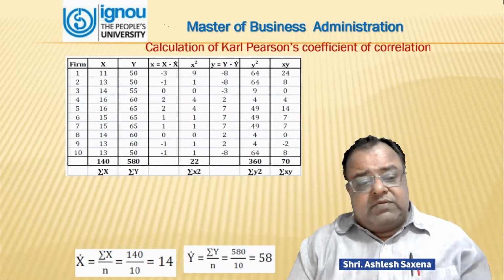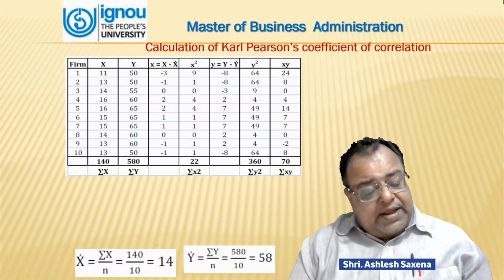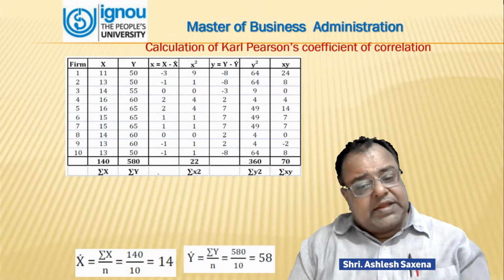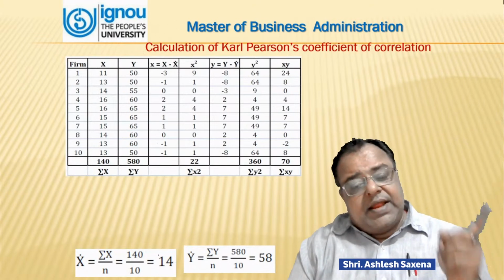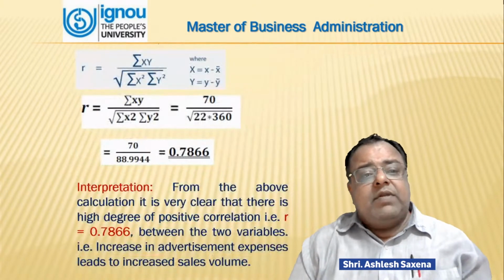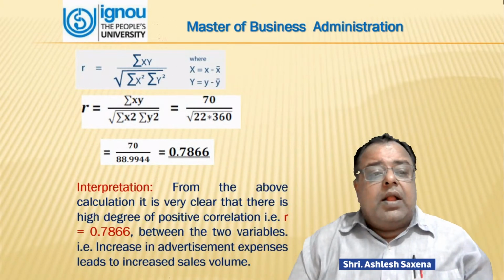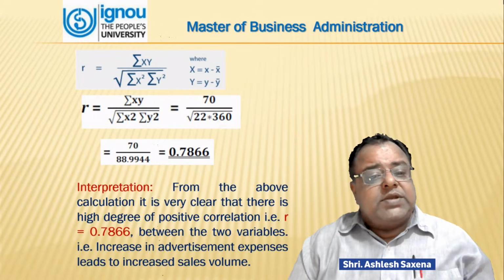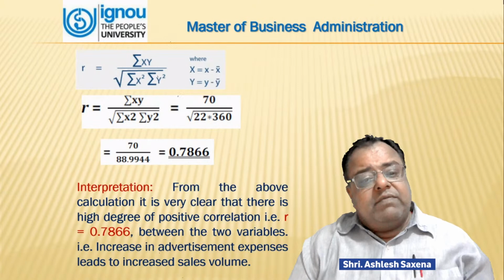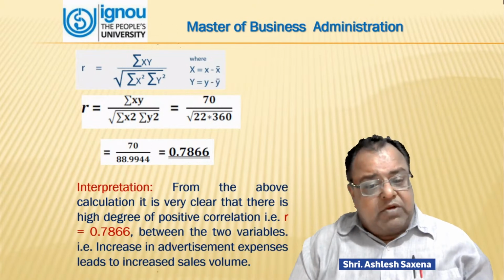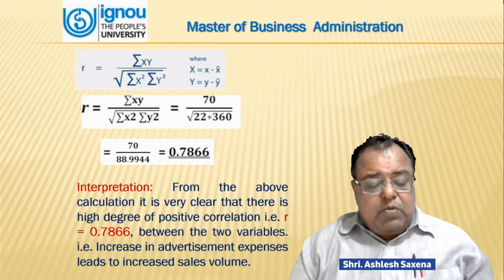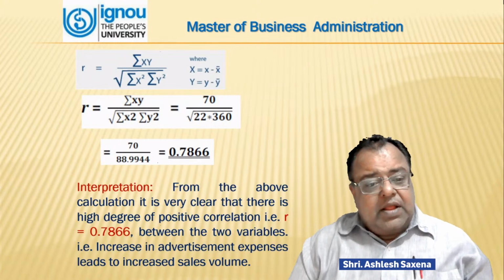After calculating all these values, we have to calculate summation X, summation Y, summation X square, summation Y square, and summation XY. We will be applying this formula because the observations are in this form. We calculate R equal to summation XY upon the square root of summation X square into summation Y square. Values are substituted and we get a value of plus 0.866.